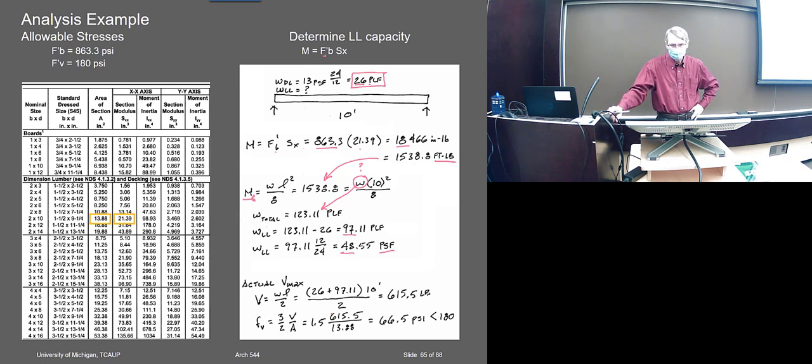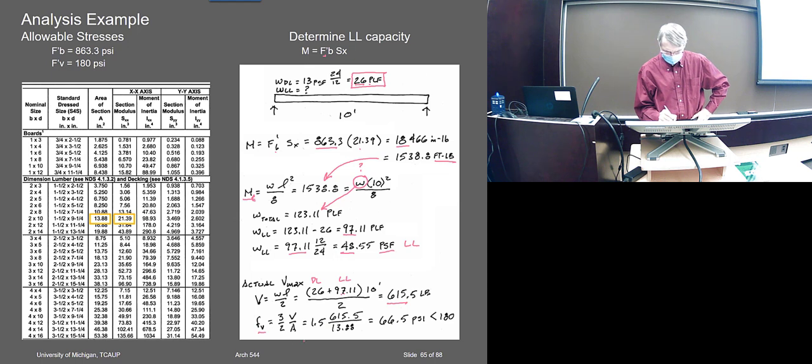Residential loads would probably be less than 50, right? Would be 40 something usually. So, okay, that would be then the live load capacity. And then you can check the shear. This just puts in, based on that PLF load for the live load and the dead load, and calculates a maximum shear and checks that.